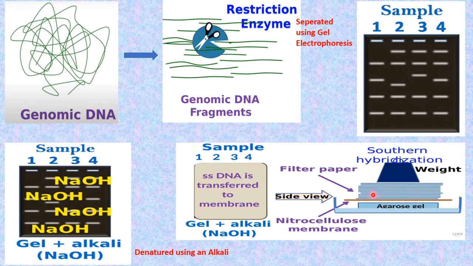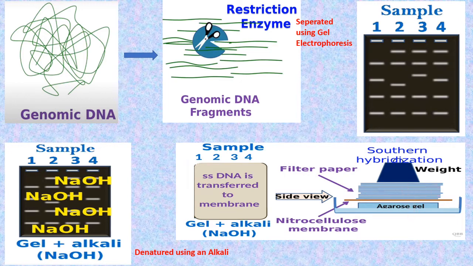In this method, this membrane is placed under weight, and the single stranded DNAs are transferred onto this membrane because of the weight that is present on this gel and membrane combination.